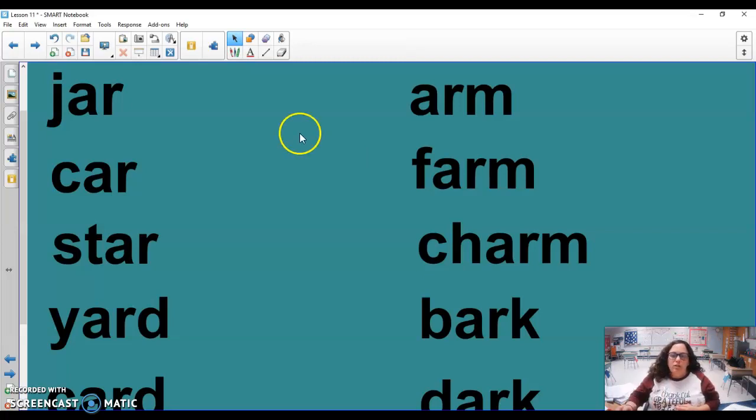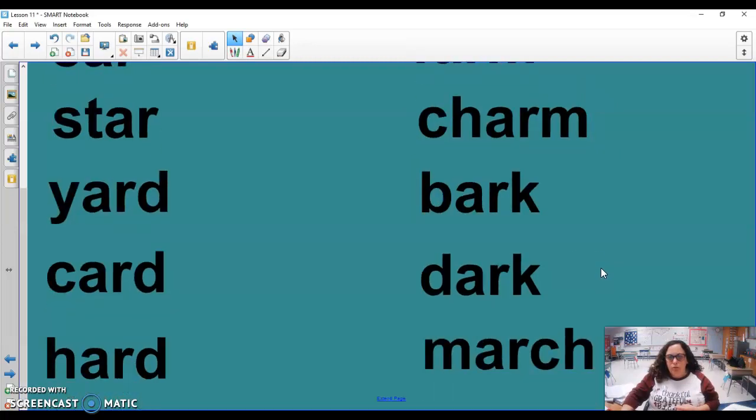So I noticed that jar, car, star rhyme. I noticed that arm, farm, and charm rhyme. If I go down here, what are some words that rhyme? I see yard, card, hard, and bark and dark rhyme.